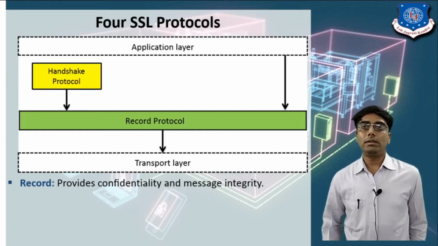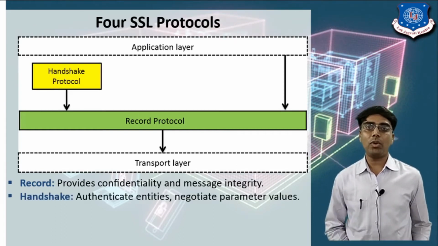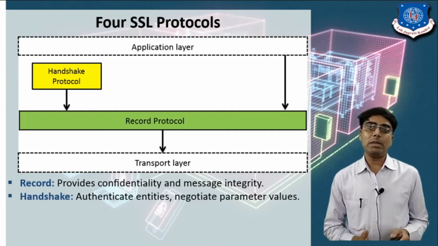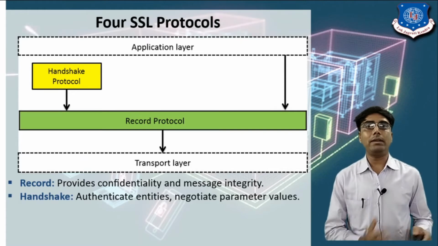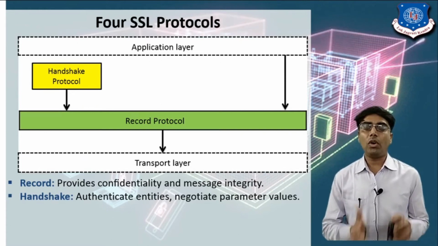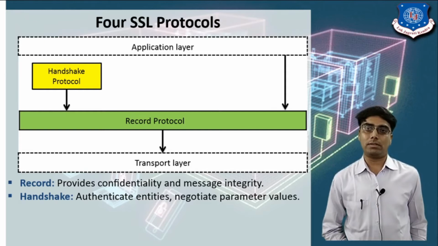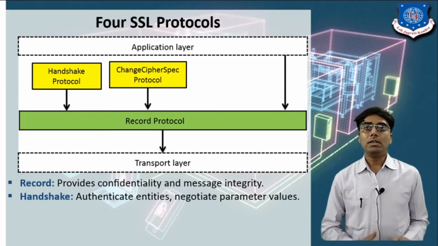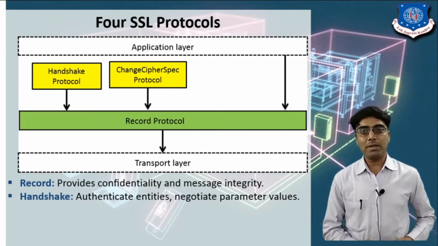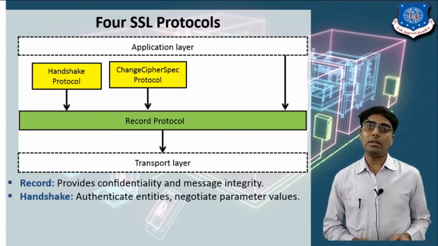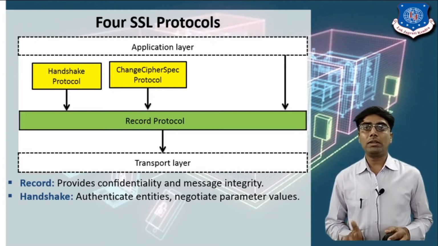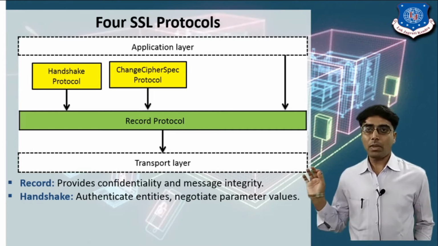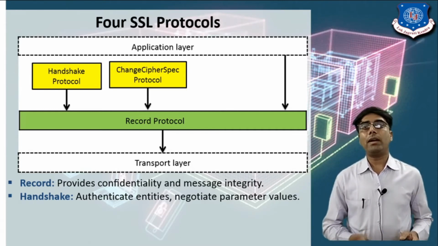Now the next is called the handshake protocol. This handshake protocol establishes the session between the client and the server, and it also authenticates the client and the server. Now the next is the change cipher-spec protocol. It means that during the SSL record protocol, after completion of the handshake protocol, some states are in a pending state.